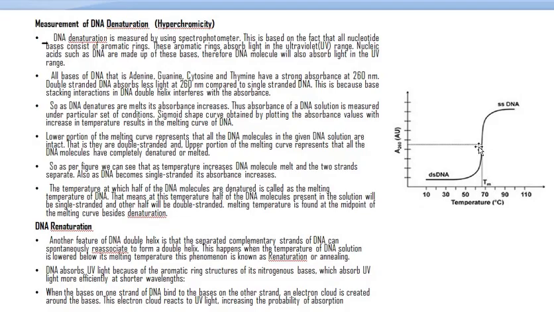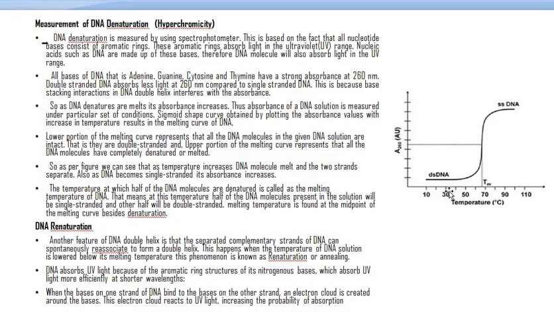At a particular point, the temperature midpoint, 50% of DNA gets denatured and shows a particular standard unique value for every DNA molecule. This study will help to find out the specific DNA present in the sample and whether the DNA is in native state or in denatured form.